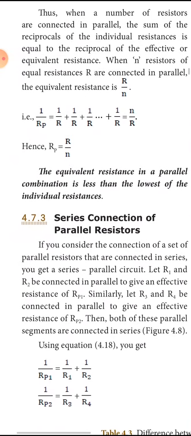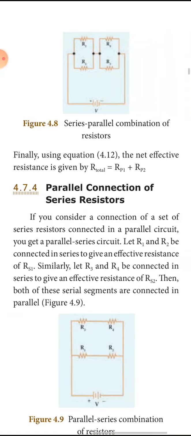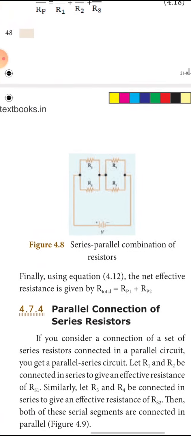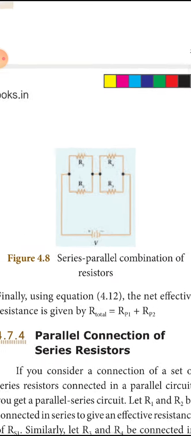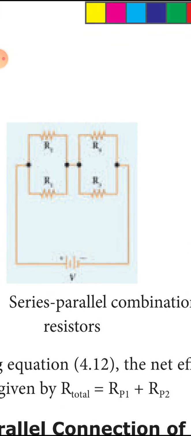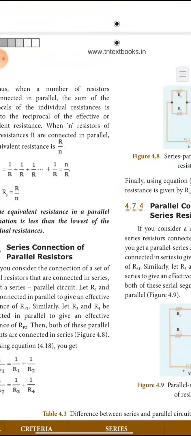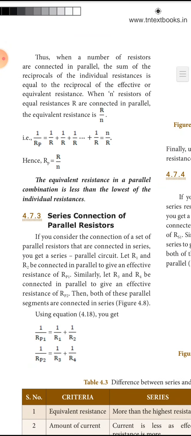Here, series connections of parallel resistances and parallel connections of series resistances are given in 2 diagrams. See the diagram. Both parallel resistance combinations are connected in series. So how to calculate it?